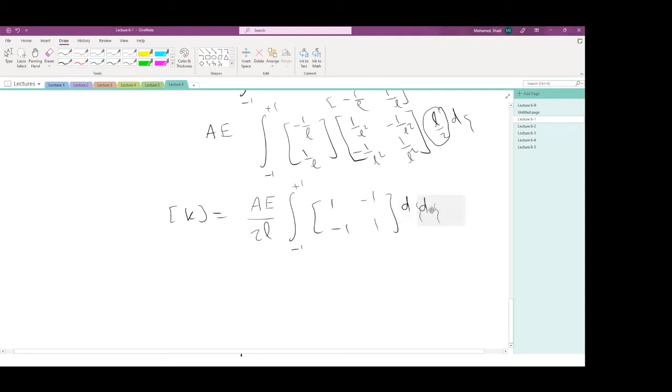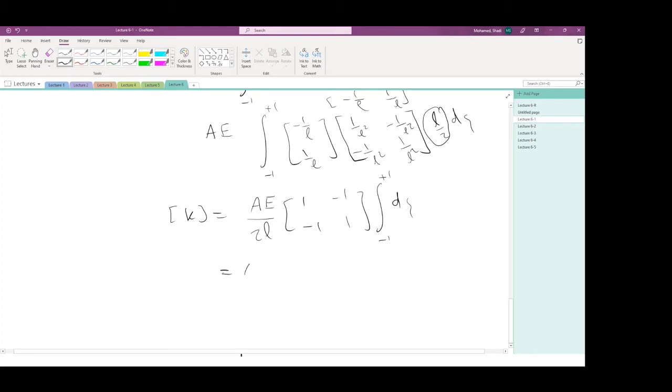Just shift this slightly here, and then take this thing and put it here. This is constant, so you don't need to integrate every single entry. The integral of d xi between minus 1 to plus 1 is just xi.